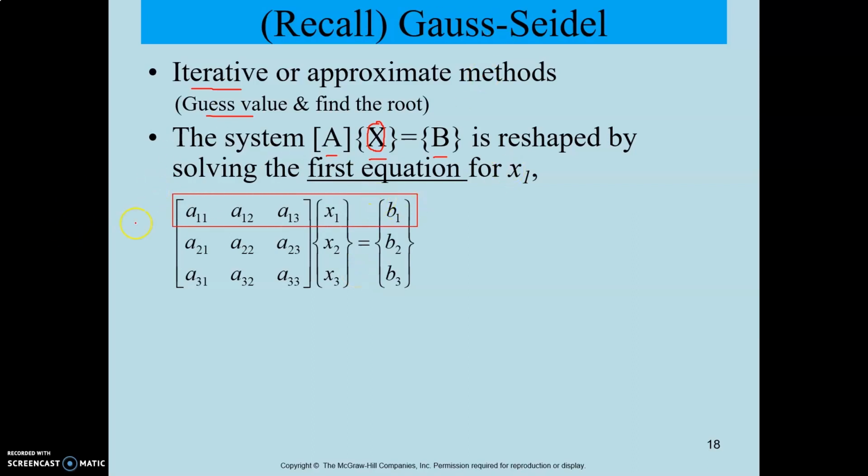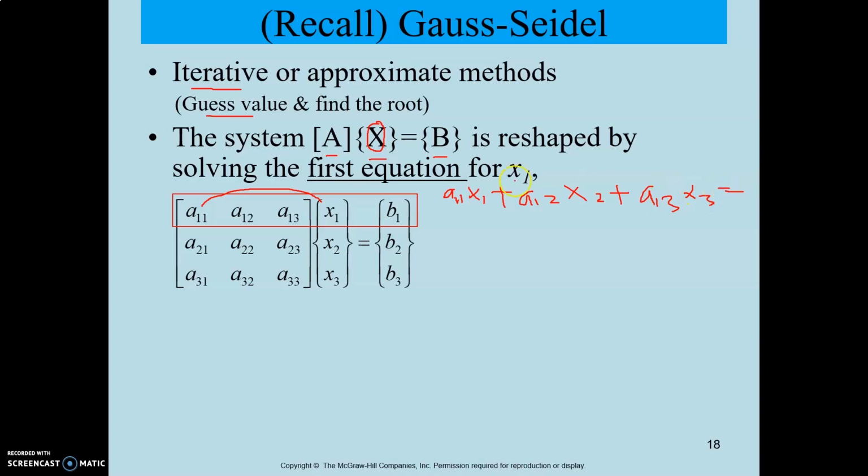So to solve it, we solve for the first equation. So normally we multiply A11 x1. Second term, we have this. So third one.